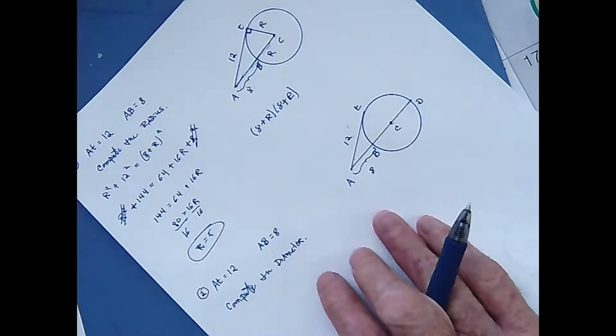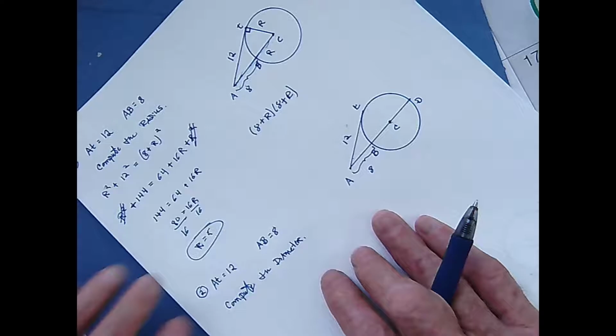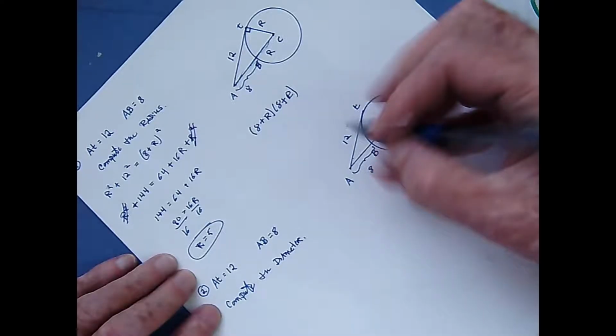Let's see what happens when we try that, because we're working questions just like that a moment ago. Tangent squared equals exterior part times full thing. Let's call this interior part here D for diameter, could we?